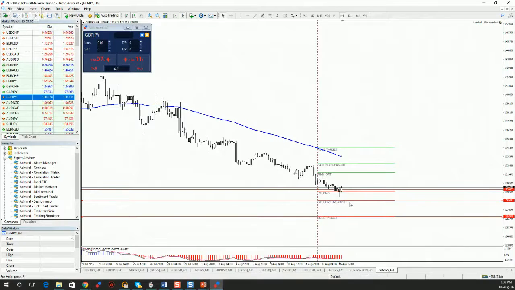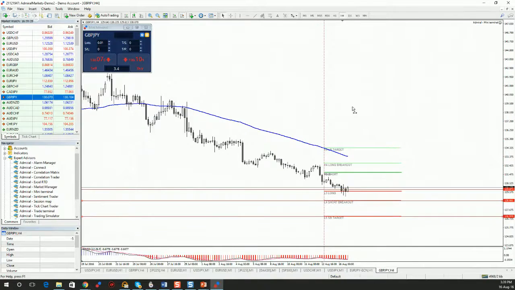4-hour needs to close below it. If you want to make intraday entry, then 1-hour candle should close below L4, and you can try to find an intraday breakout position. Until this level is broken, 128.66, I would go with sell entries.